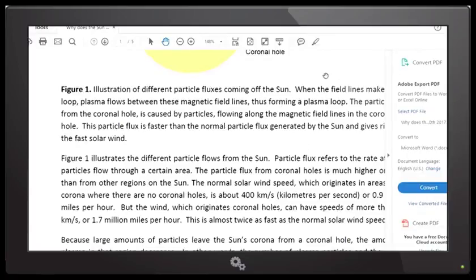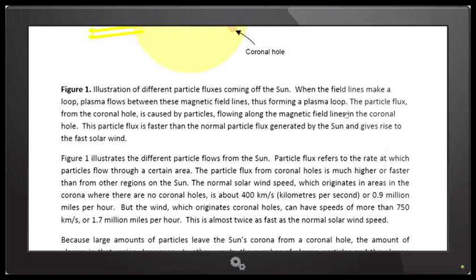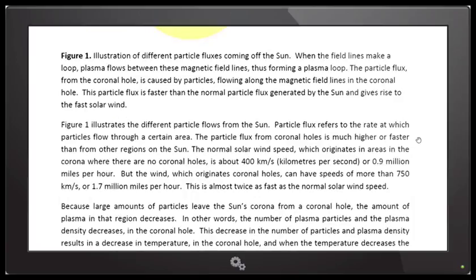When the field lines, well, let me blow this up. When the field lines make a loop, plasma flows between these magnetic field lines, thus forming a plasma loop, what we just watched in that video from NASA and the SDO. The particle flux from the coronal hole is caused by particles flowing along the magnetic field lines in the coronal hole.